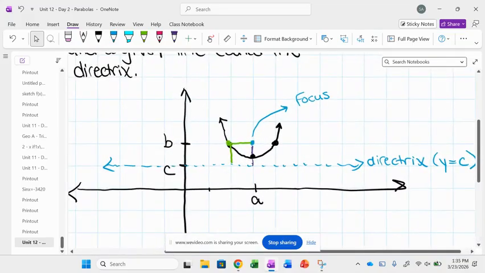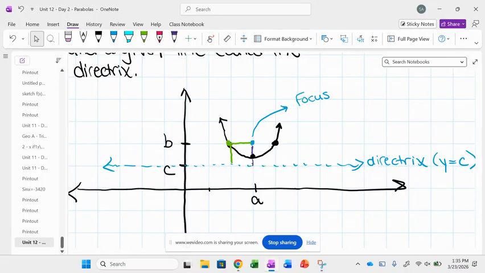So if we're going back to this diagram, who remembered from the last lesson, where is the axis of symmetry through? You got it. So doesn't it go right through the vertex or turning point?